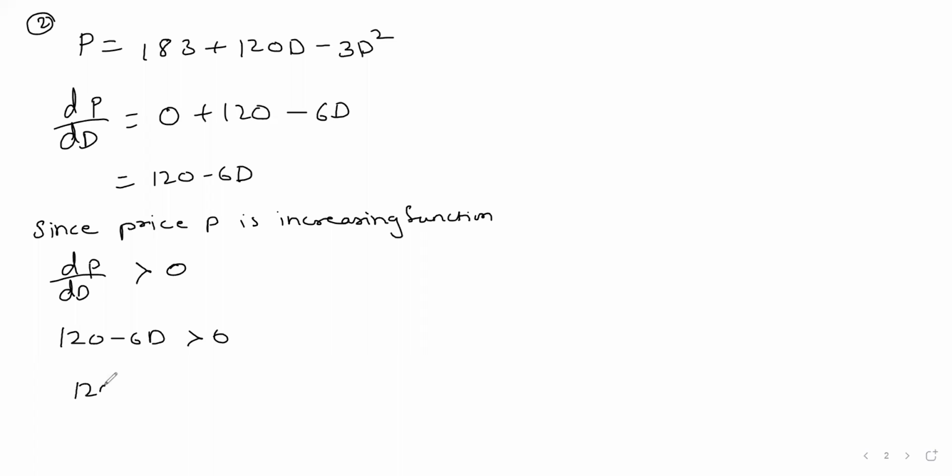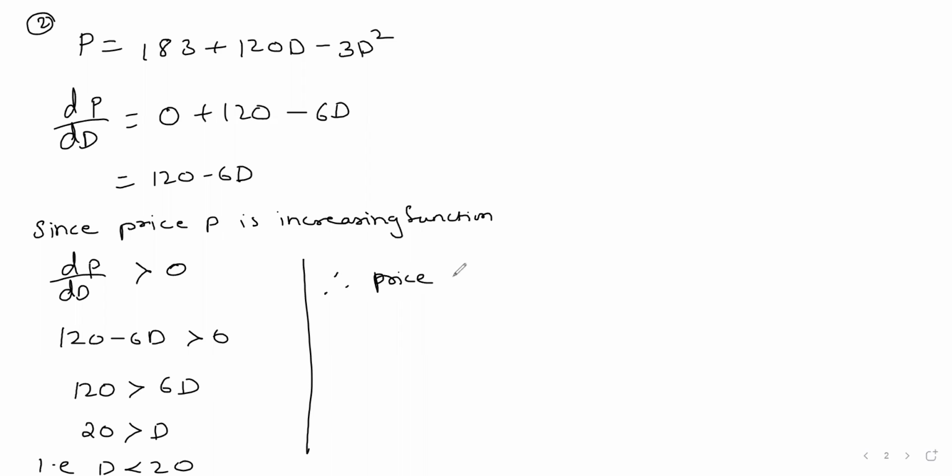So 120 should be greater than 6D, so 20 should be greater than D. That is, D should be less than 20. So the price is increasing for demand less than 20. You will write down, therefore, price is increasing for D less than 20.